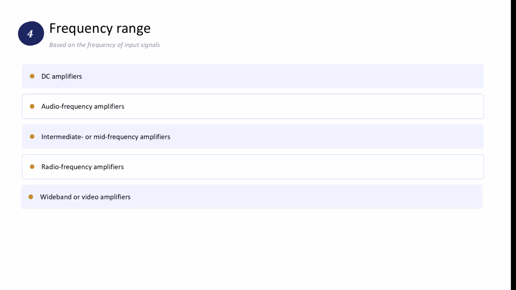The fourth classification is based on the frequency of the input signal. This gives us DC amplifiers, audio frequency amplifiers, intermediate or mid-frequency amplifiers, radio frequency amplifiers, and wideband or video amplifiers.